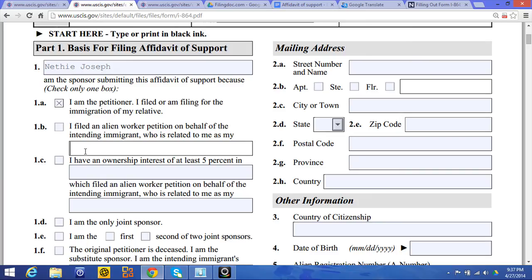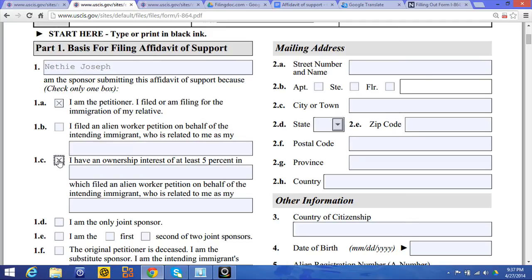Now, what about 1C? You will check 1C if a company in which you have 5% of interest is filing or has filed the form I-140 for your alien worker.